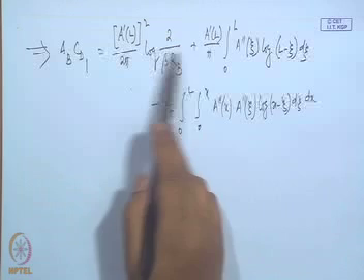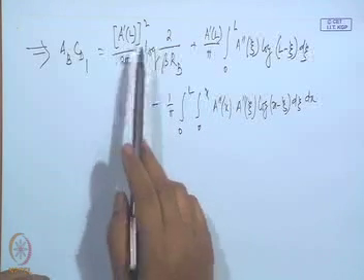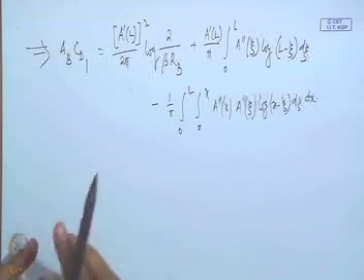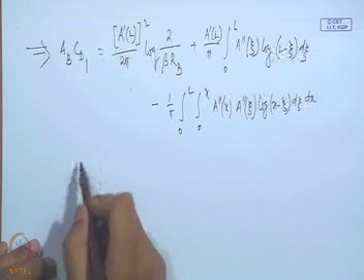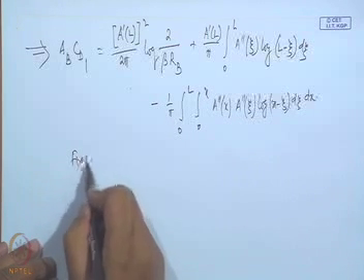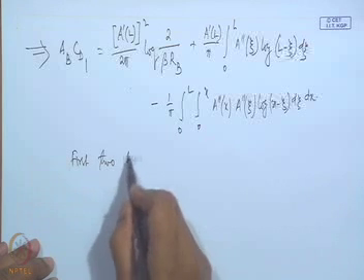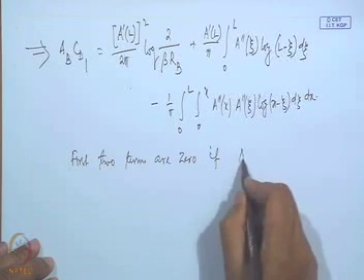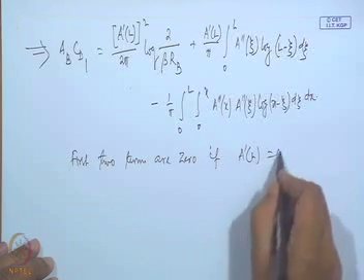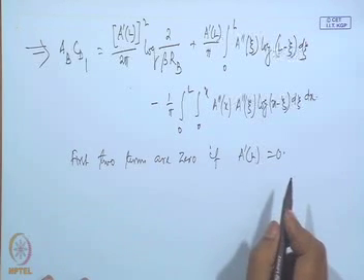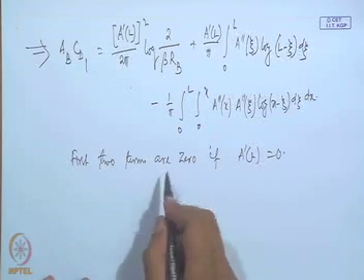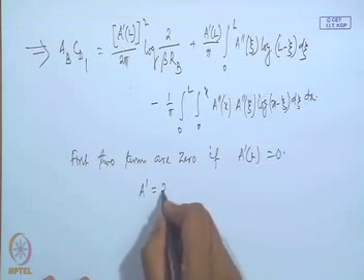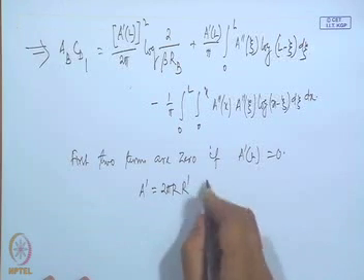Now, you can see here that these first two terms will become 0 if a prime L, that is the rate of change of cross sectional area at the base, is 0. First two terms are 0 if a prime L equal to 0. Now, what is a prime? 2 pi r r prime.